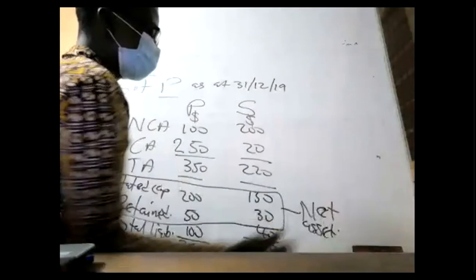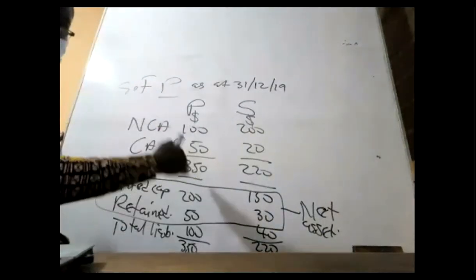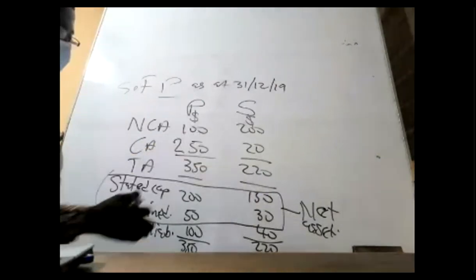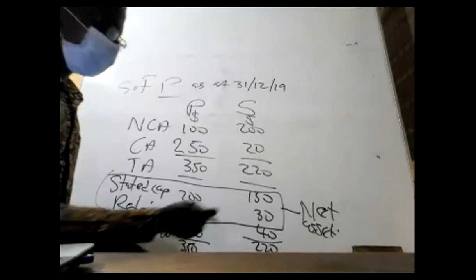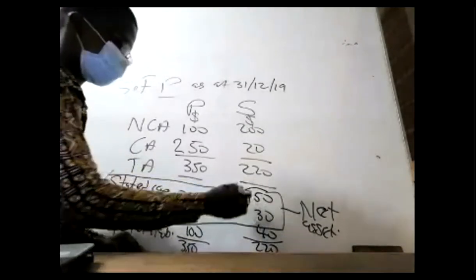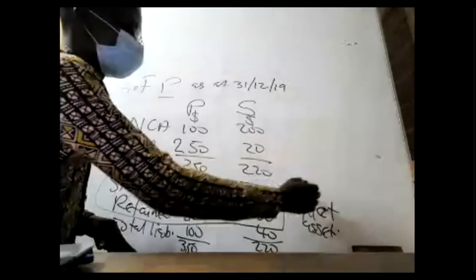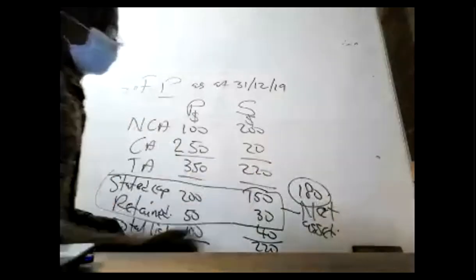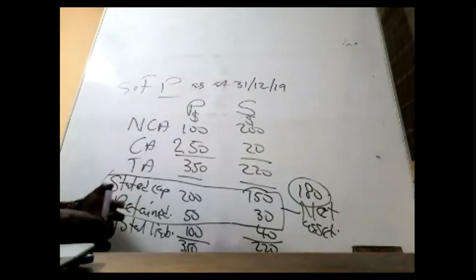I will explain this net asset further when we start with the actual principle. This one is just guidance. So the parent acquired everything. Tell me the total amount acquired. The net asset of the subsidiary is what? These two coming together, which is what? 180. The parent has acquired everything here, and he paid what? 200 Ghana cedis for it.